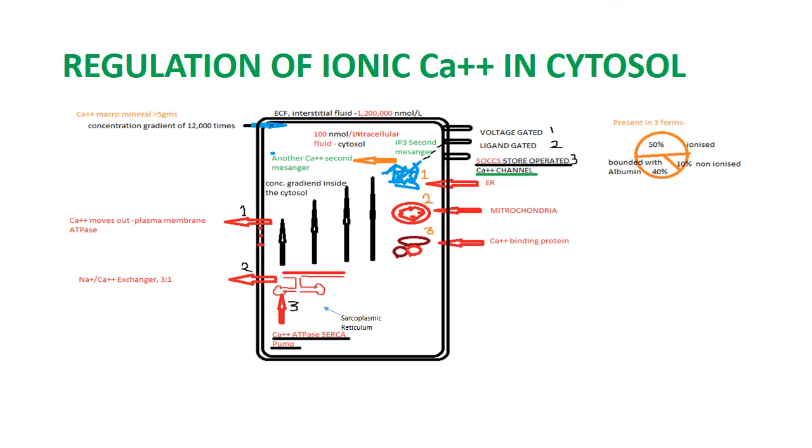Next slide. This is a very important slide for the regulation of ionic calcium in cytosol. First we understand why it is very important. The first point is that the concentration gradient between the extracellular fluid and intracellular fluid is 12,000 times.